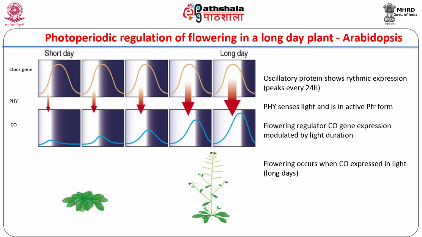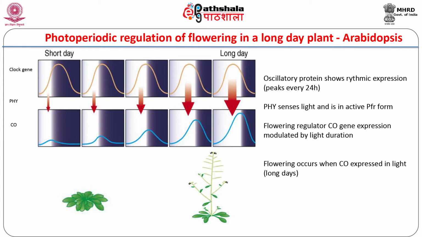This interaction between phytochrome and the clock protein brings about an increase in transcription of a flowering signal gene called Constans or CO. CO is a transcription activator which transmits the signal via another regulator of flowering called Flowering Locus T or FT to the flowering meristems.